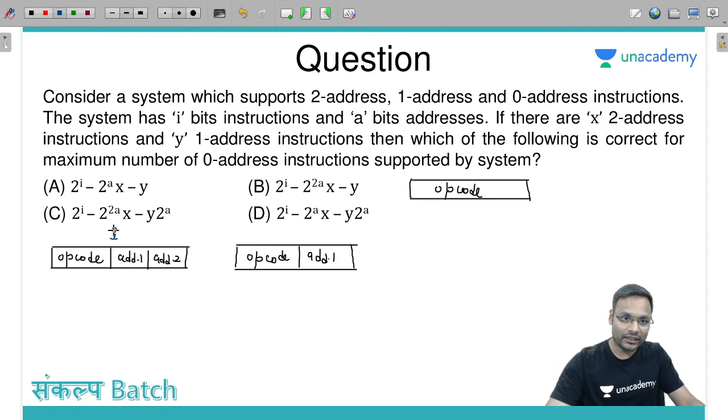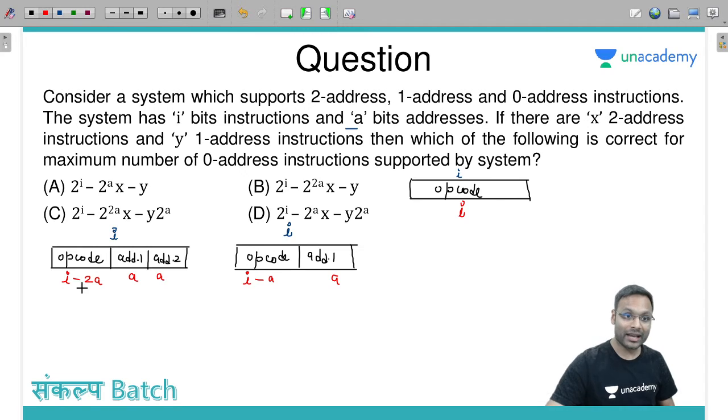Instruction length I. Among those, address length is a bits. So if the address is a here, only a here, nothing here, total I, here I minus a, here I minus 2a. Which is minimum, I minus a or I minus 2a? I minus 2a is minimum. So let's start with this.